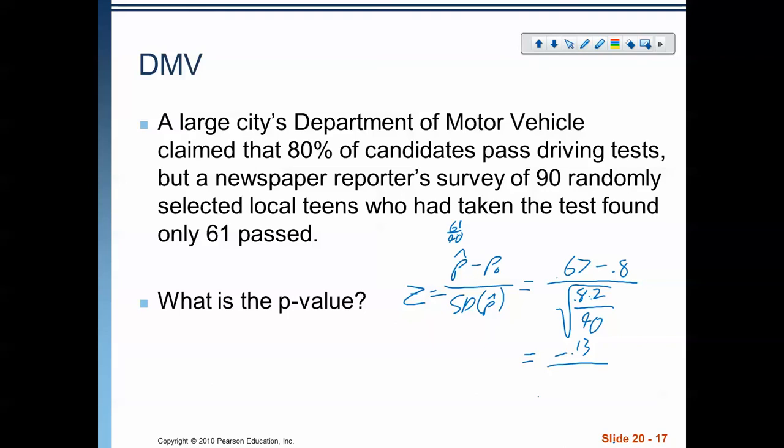I messed up my calculation. You can't tell, but I'm doing something on my calculator. There we go. Divided by 90. When I do that, I get 0.0422, and then we do this last division, negative 0.13 divided by 0.0422, and I end up with negative 3.0805.